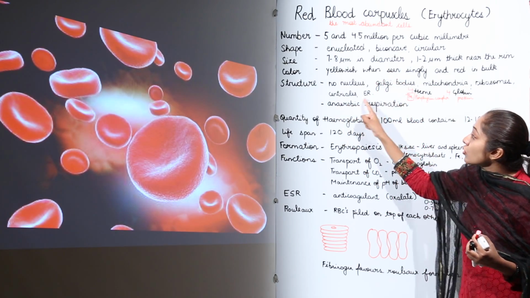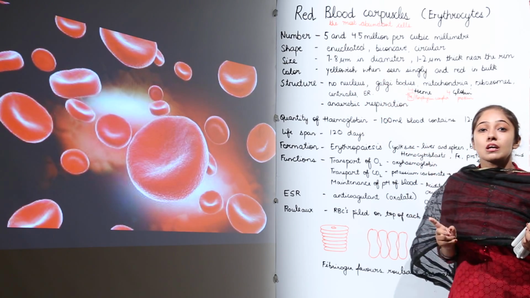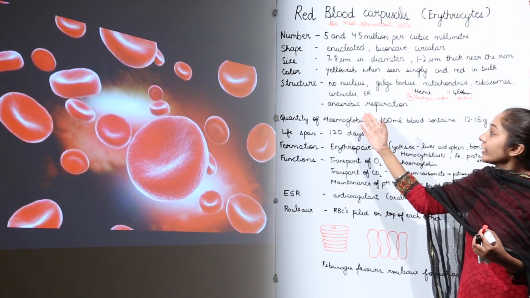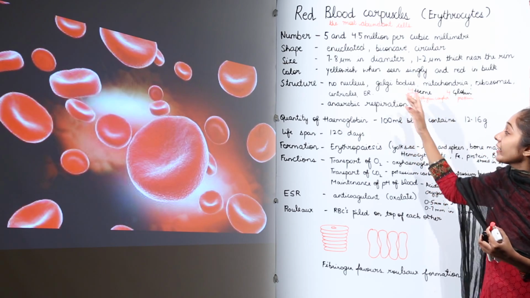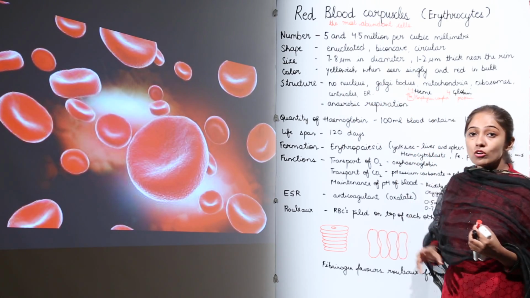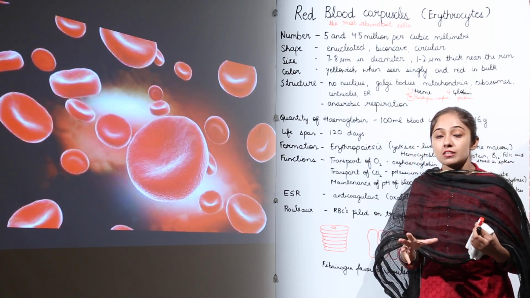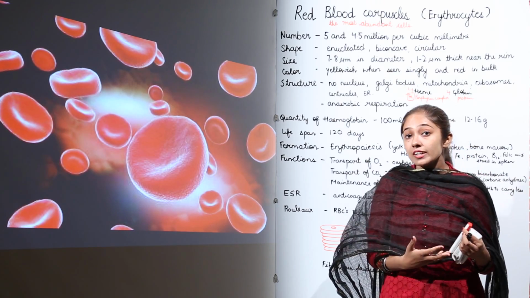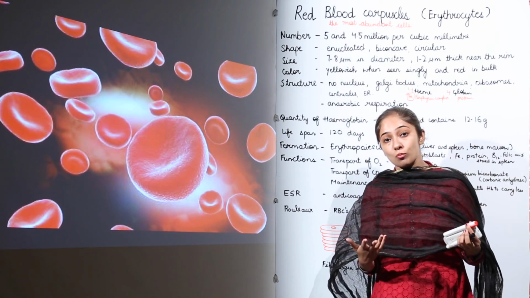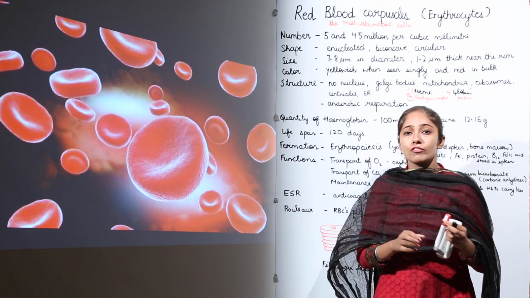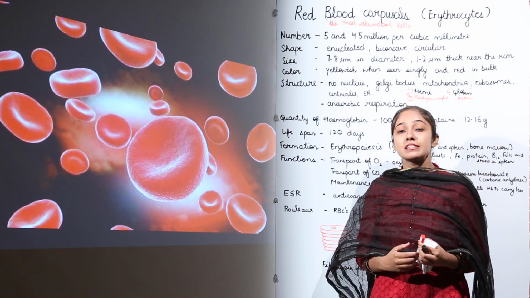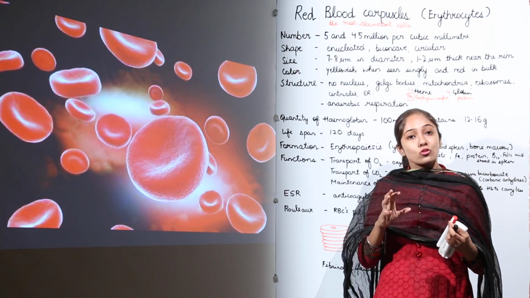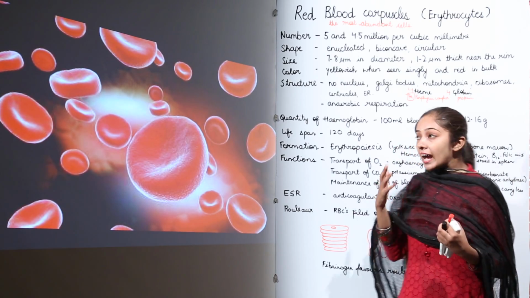Because of the absence of these organelles, oxygen consumption is less and they undergo anaerobic respiration. The absence of these organelles also allows most of the cytoplasm to be filled with the pigment hemoglobin. So the main purpose of RBCs, the transport of oxygen, is served in this manner.